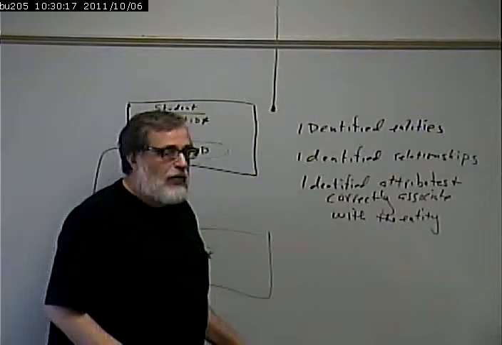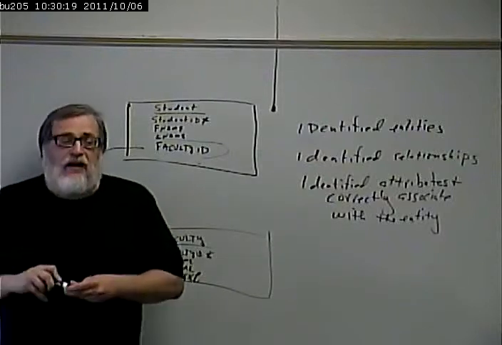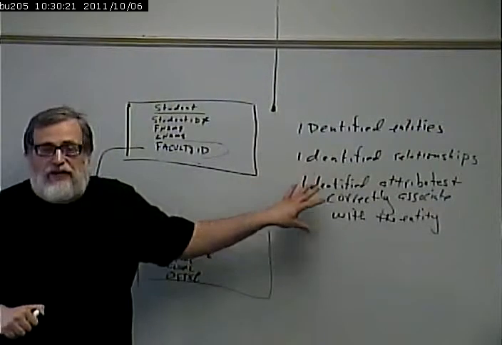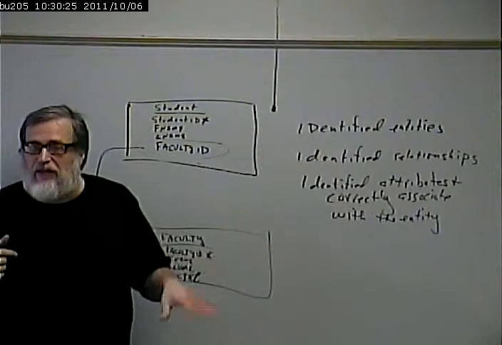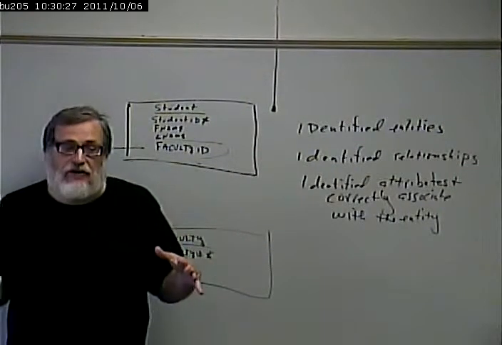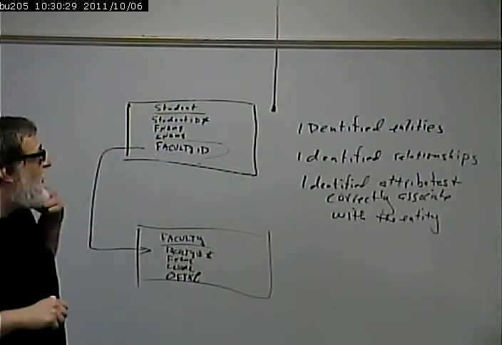Now, we'll talk about normalization rules in a minute, but the bottom line is this is what we're trying to achieve by our database design process and our normalization rules and all that stuff. This is what we're after. All right?